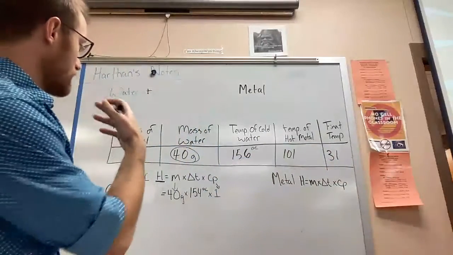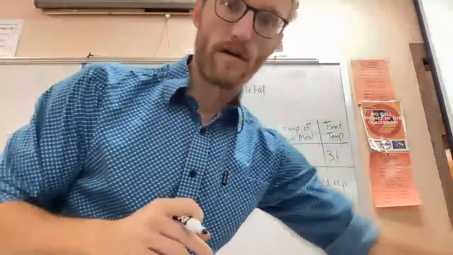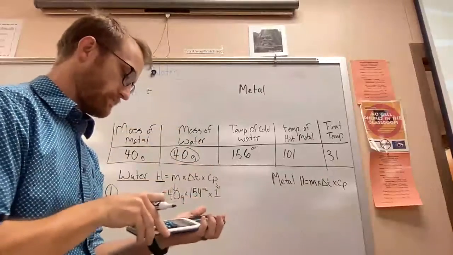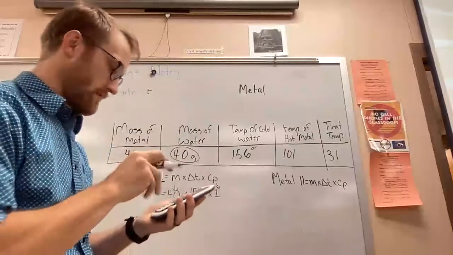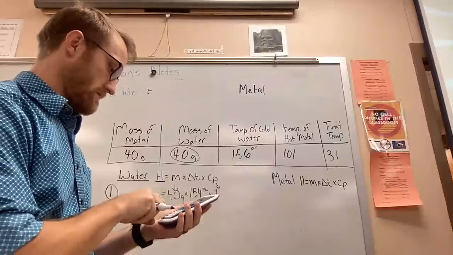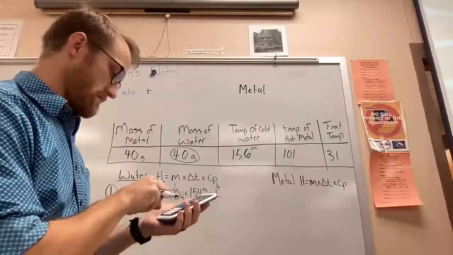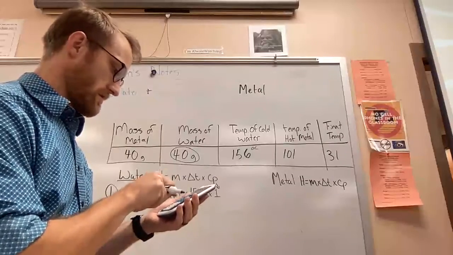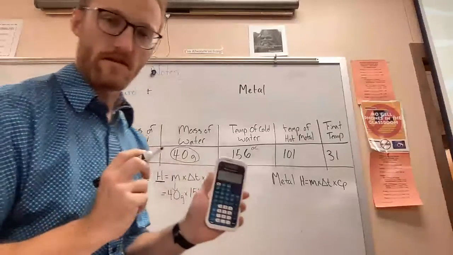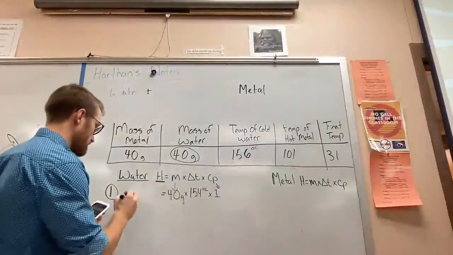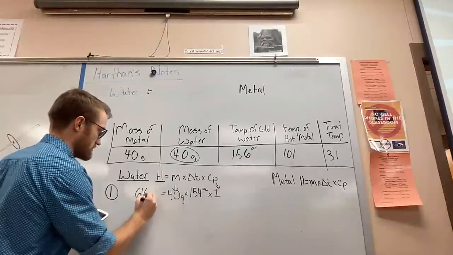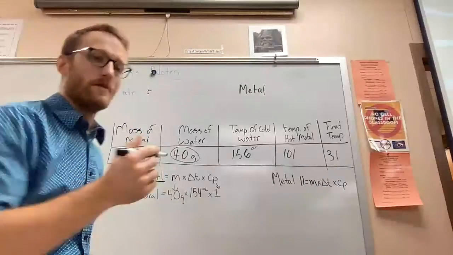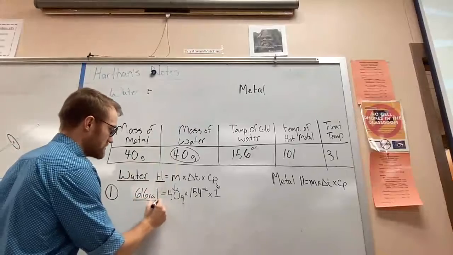So now, if we do the math on that, I take 15.4 times 40 times 1 equals 616. Okay, so 616 calories.